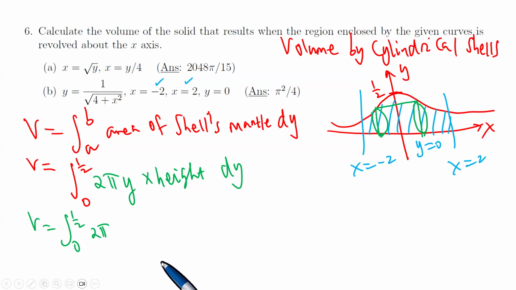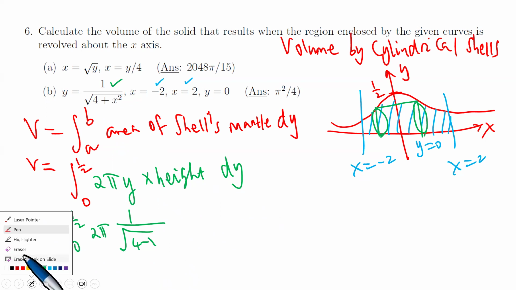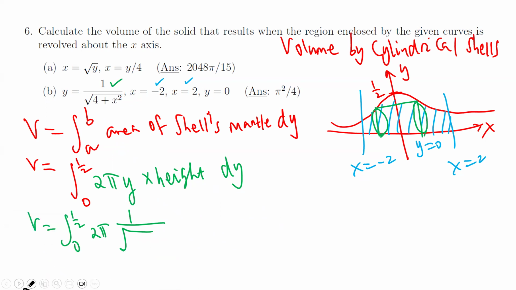What is y? Obviously, our y here is nothing other than the y value here, and the y value here is exactly 1 over the square root of 4 plus x squared.